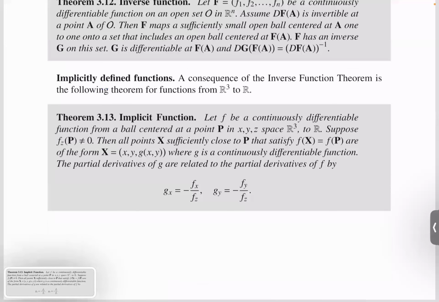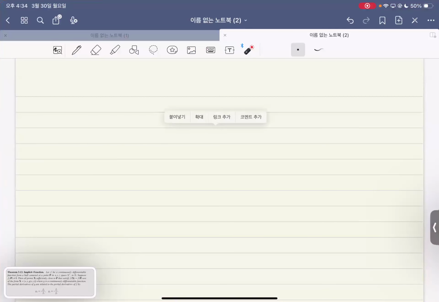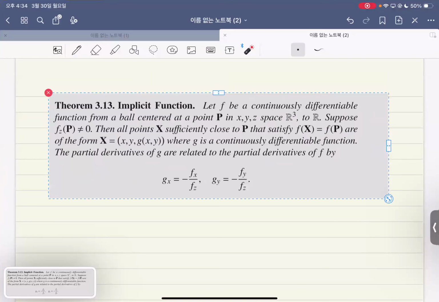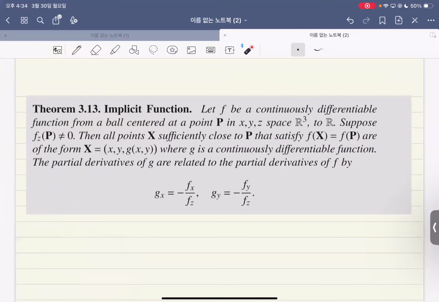Suppose f is a continuously differentiable function from R3 to R, and p is some point in the level set. And suppose that at this point, f_z(p) is a non-zero number.